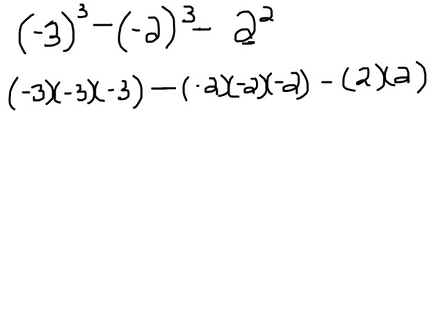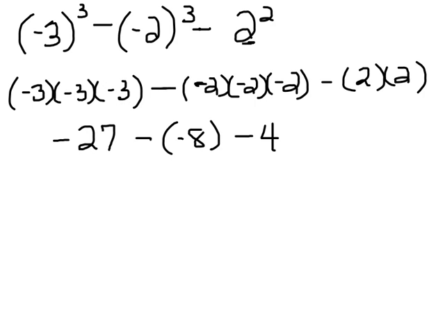So let's go through and do the math. Negative 3 times negative 3 is positive 9, times negative 3 is negative 27, and here negative 2 times negative 2 is positive 4. Positive 4 times negative 2 is negative 8. So minus negative 8, and then minus 2 times 2, which is 4.